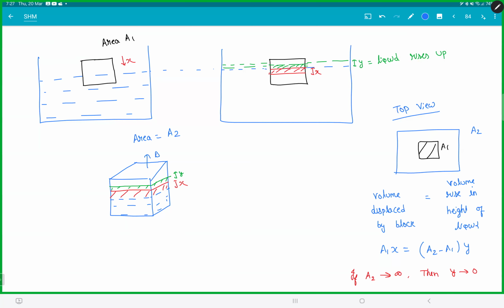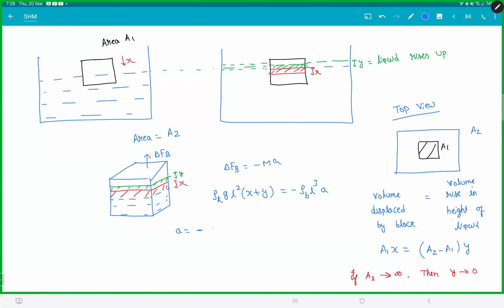So we have the extra buoyant force delta FB. So delta FB is equal to minus mass into acceleration. So this will be rho liquid G, volume will be L square into X plus Y, is equal to minus rho body L cube into acceleration.